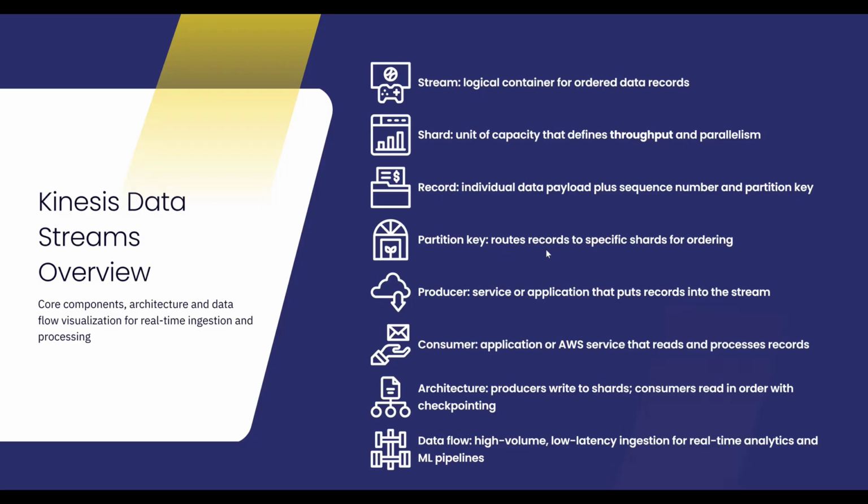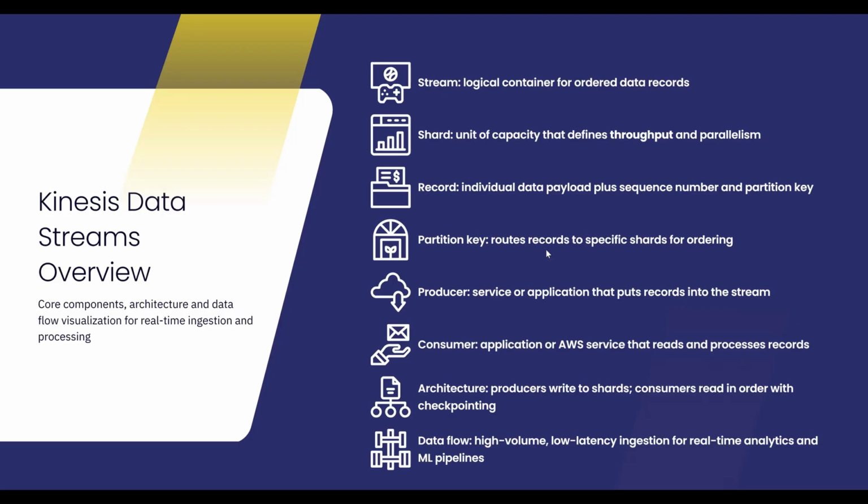Yeah, so let's understand the building blocks of Kinesis data streams. A stream is a logical container for ordered data records. So when producers put data, they refer to a stream into which the data records are put. A shard is the unit of capacity in Kinesis.